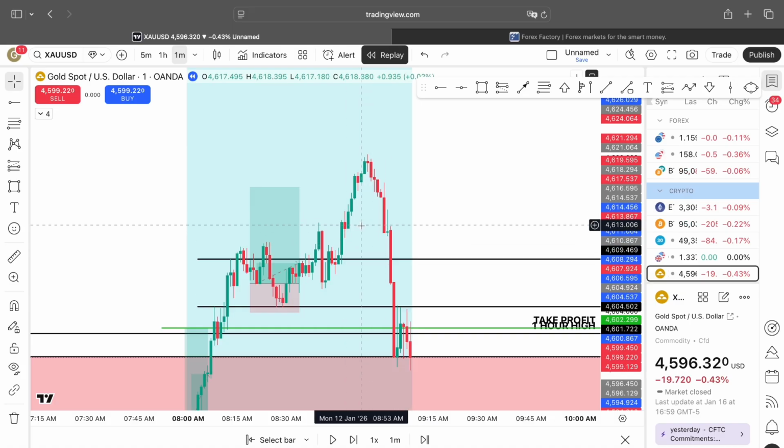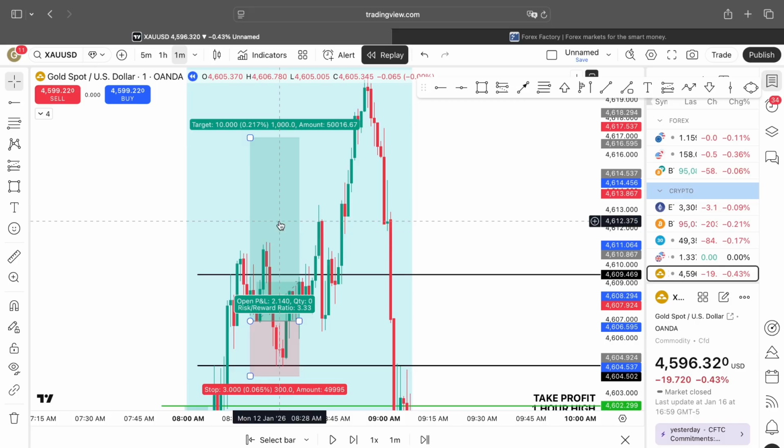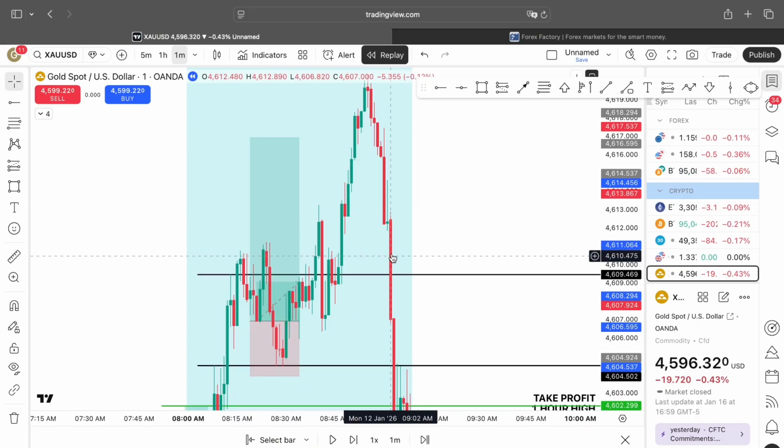Get out of all your buys. Even if you wanted to hold this trade for longer than 10 pips, right? And this happened, if I saw this, I'm out of that trade, bro. I would have had break even, but I would have rather break even than lose the entire trade.